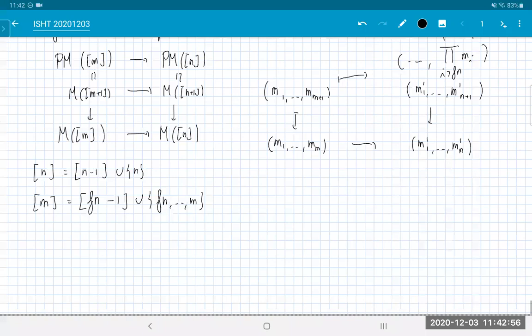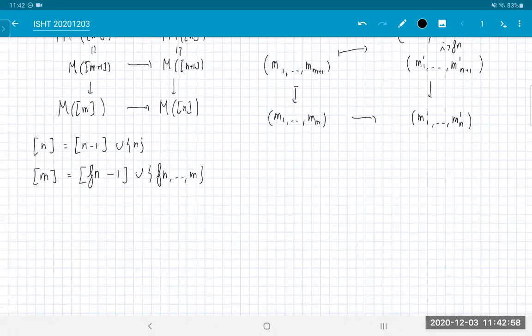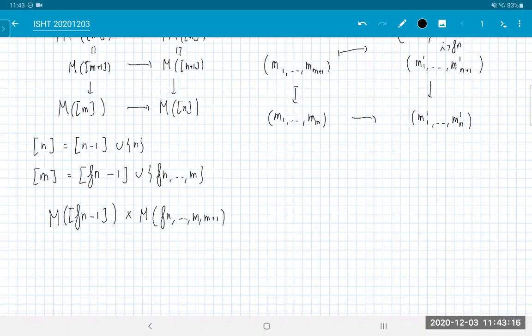And so I can split this square as F_{n-1} times M, and sorry, that's not what I mean. I mean F_{n-1} times M, F_n, n plus 1.